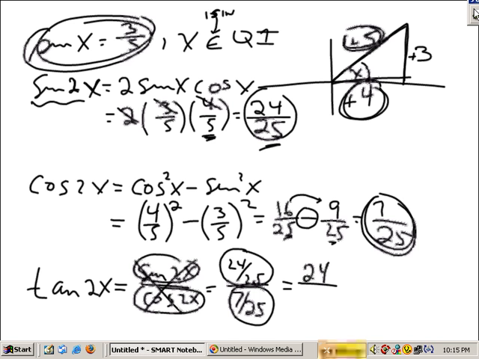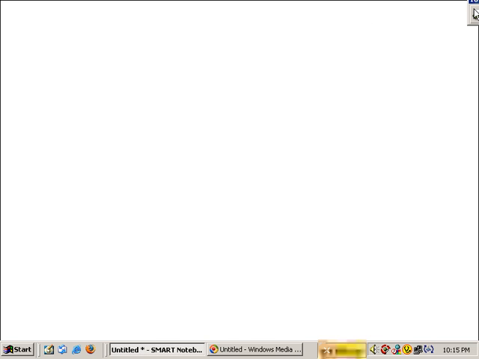Keep the numerator the same, change division to multiplication, and flip over the denominator. 25 over 7. The 25's cancel out. You get 24 over 7 as your final answer. Let's try one more like this.